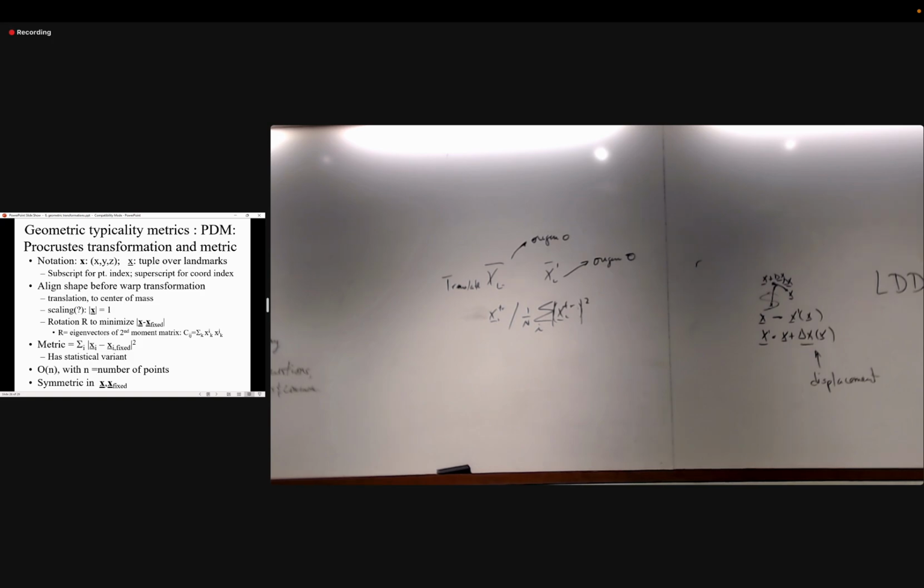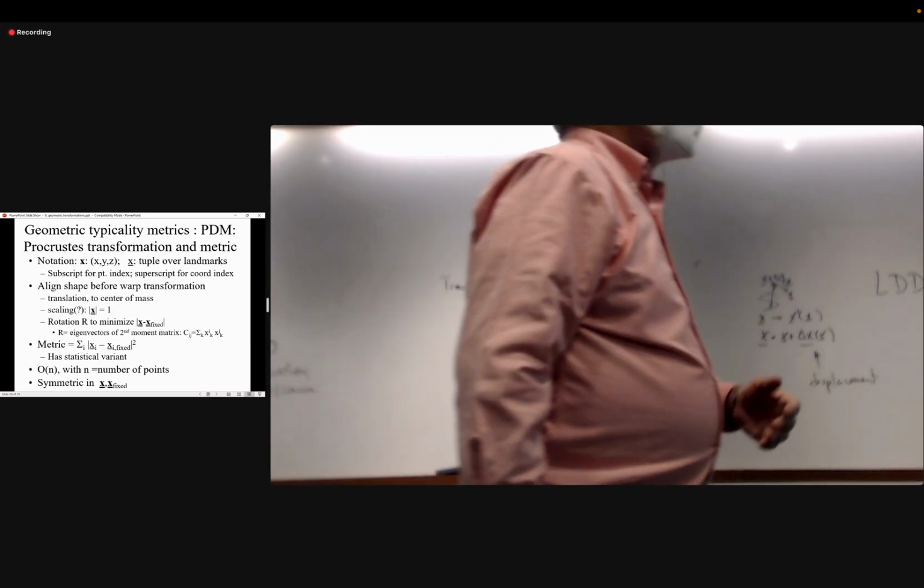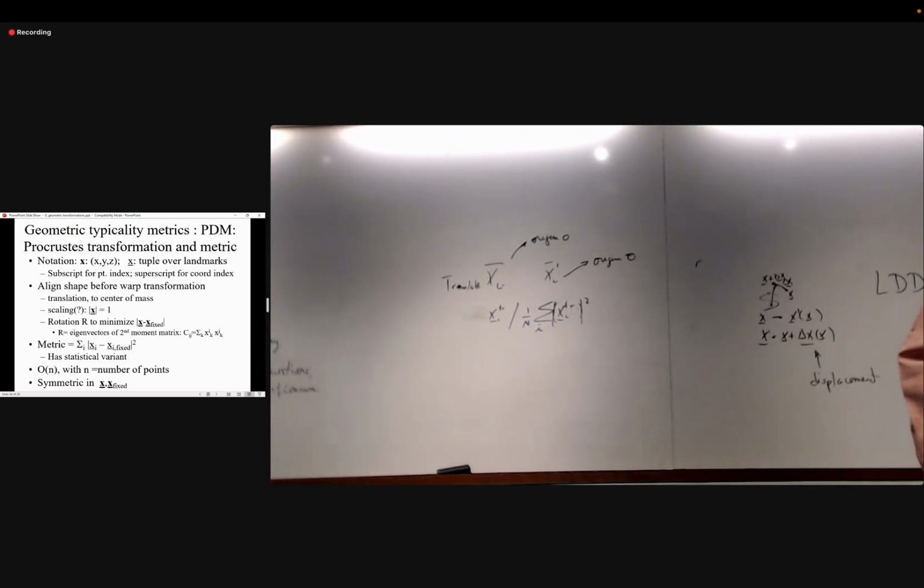So you know how to do a rotation. We'll figure out which rotation you need. It turns out to be the eigenvector. The rotation matrix turns out to be the eigenvectors of a particular, the so-called second moment matrix.